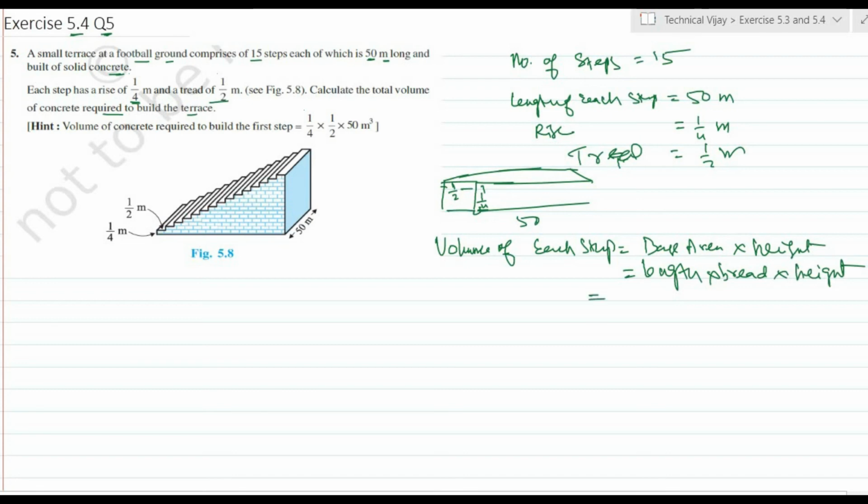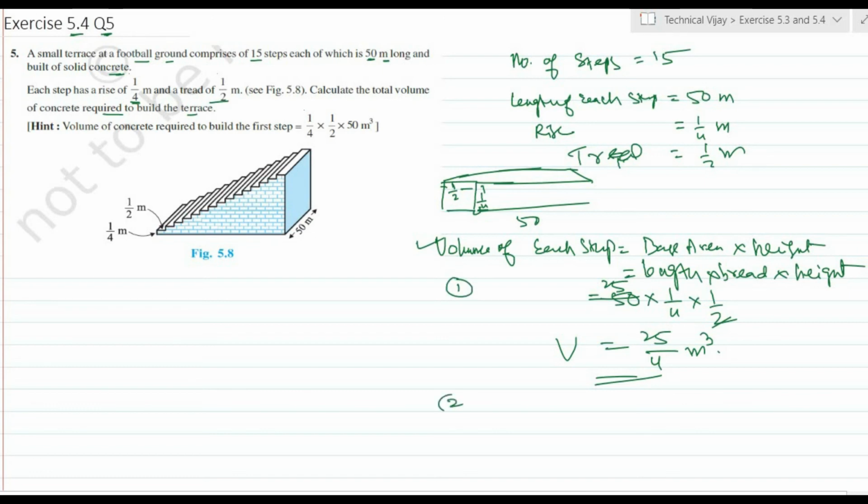So 50 into 1/4 into 1/2 is 25 by 4. So the volume is 25 by 4 cubic meter. This is the first step.